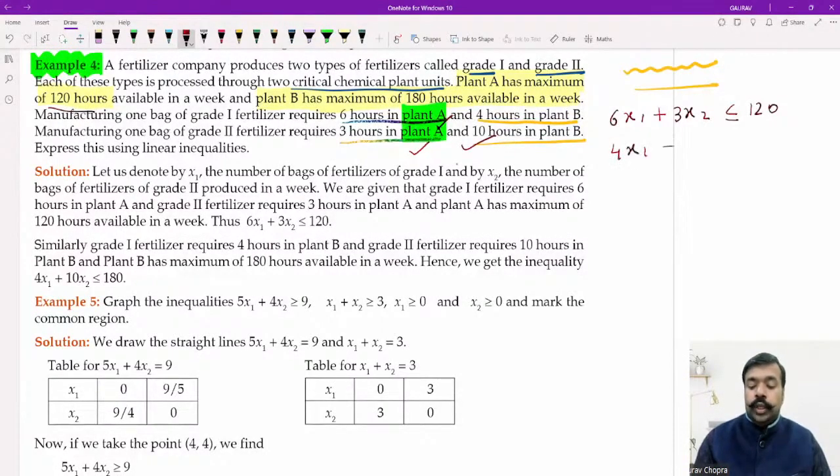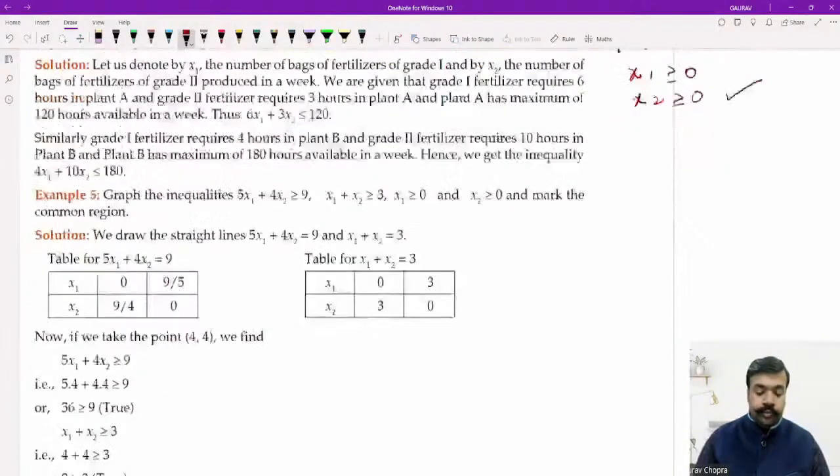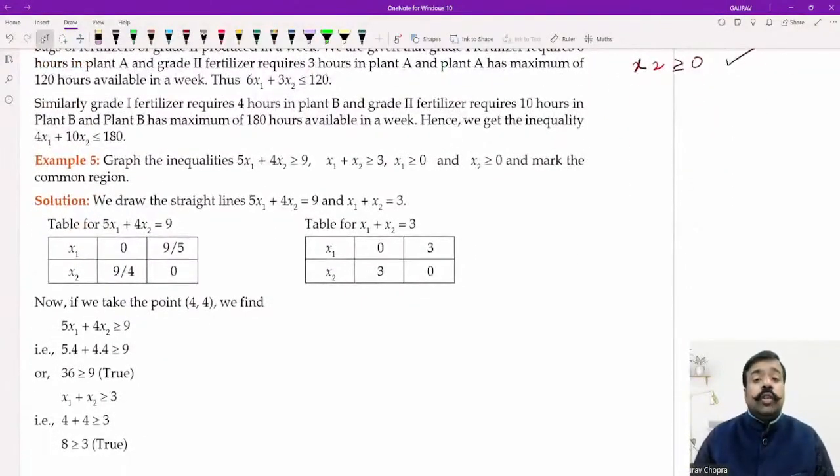So 4x1 plus 10x2 is less than or equal to 180 hours. And also the non-negative constraints, x1 and x2 should be greater than or equal to 0. All right. So these were the word problems, and we can find the equations in a simple manner.